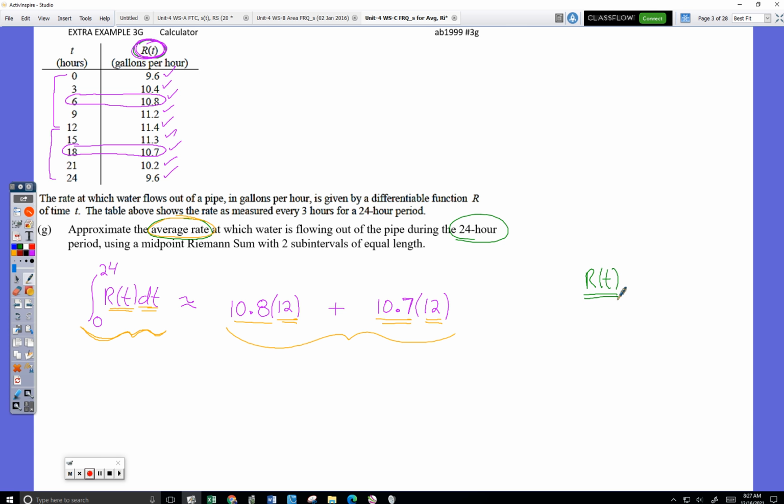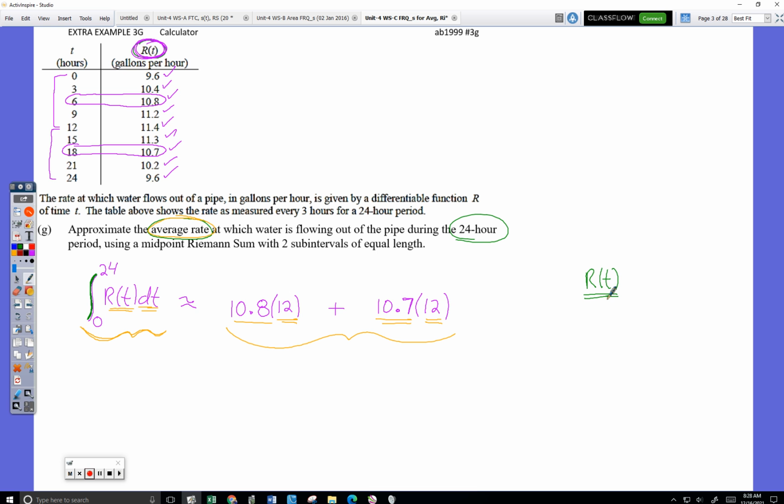Well, integration includes the process of adding. So what I'm trying to show you is you can use integration to find an average. And you can actually use integration to find an infinite average. So you can theoretically add up an infinite number of values of R and divide by that infinite number of values of R and end up with the average of R.